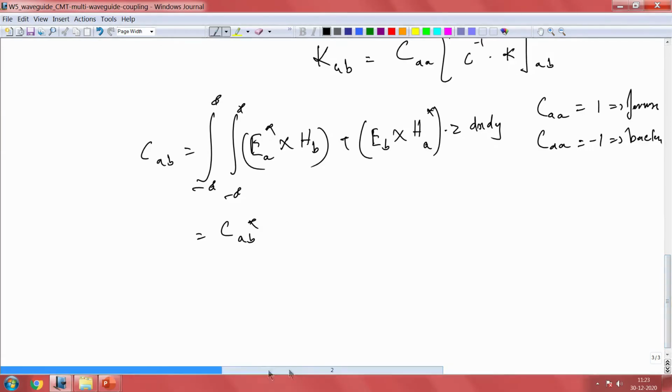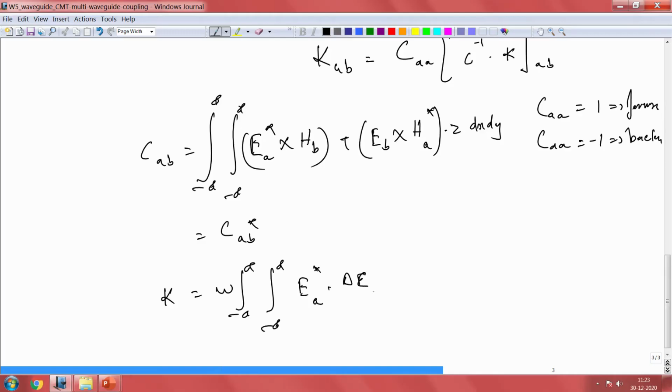Again, the coupling coefficient kappa is something we have already seen: E_A star delta epsilon_B dot E_B, dx dy.